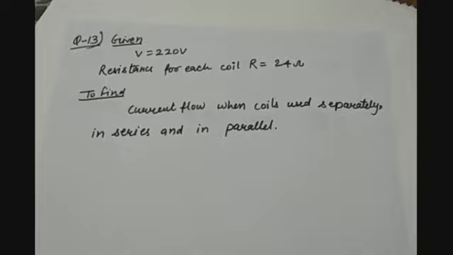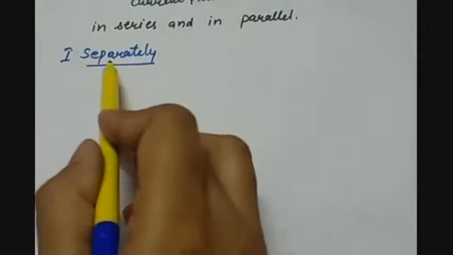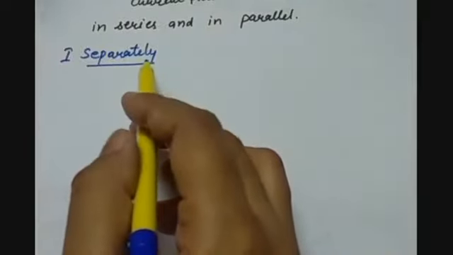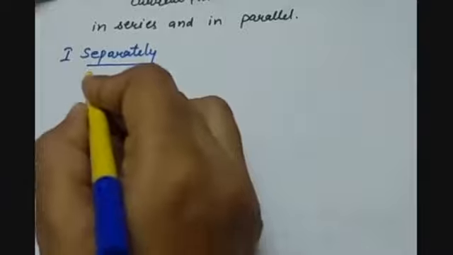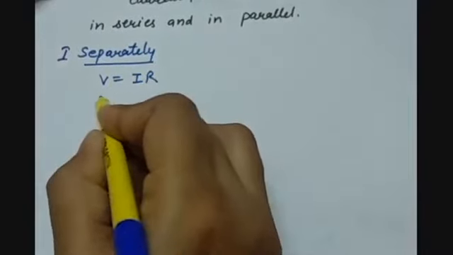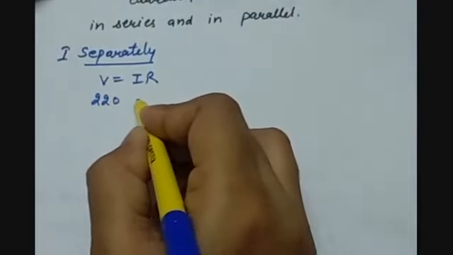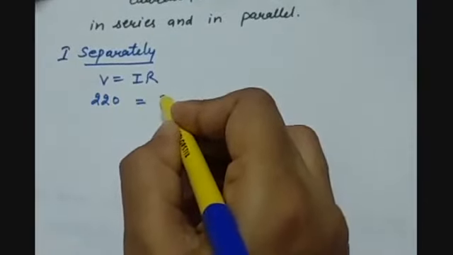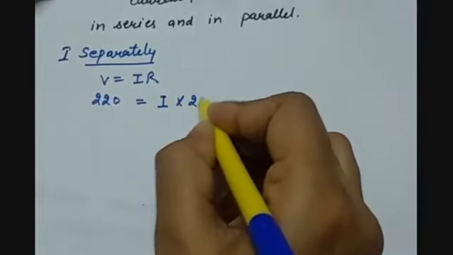So let us begin with the first case. So the first case is when the coils are used separately. So we'll calculate for one, that will be same for both. So according to Ohm's law, we have V is equal to IR. V is given as 220 volts. Current we don't know, but R is having a value of 24 ohm.